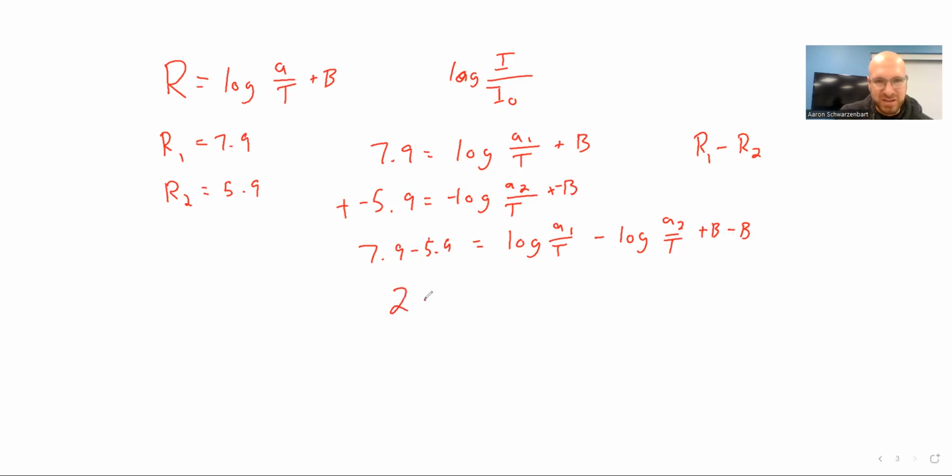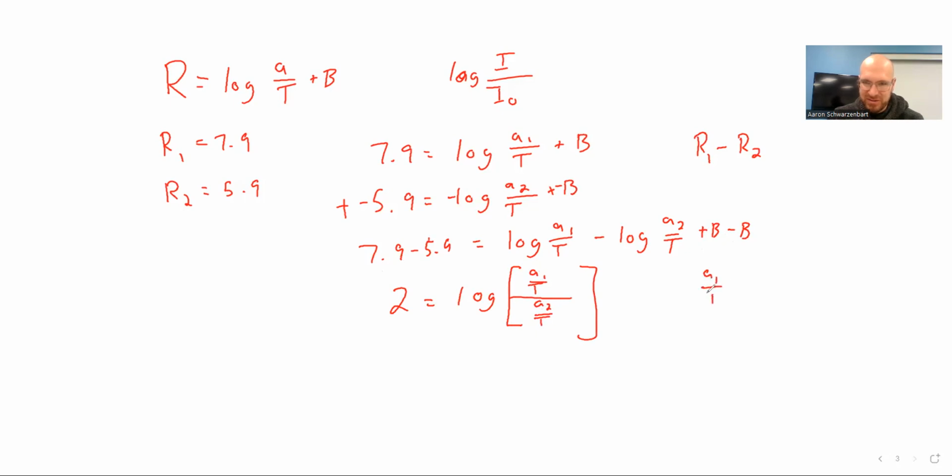So 7.9 minus 5.9 is 2. Using the laws of logs, I can get A1 over T over A2 over T, and I'm going to simplify that.